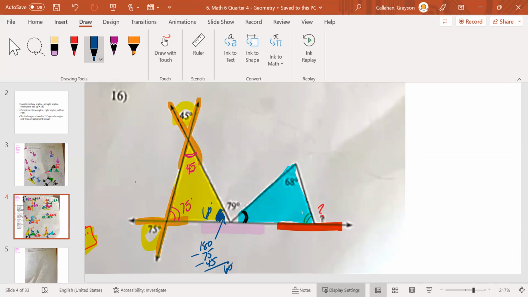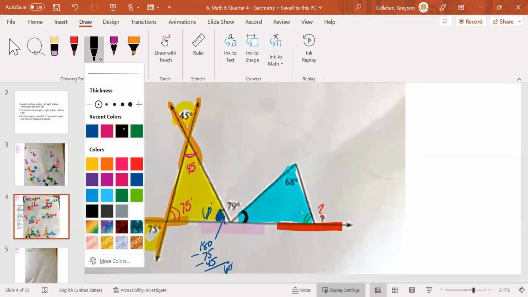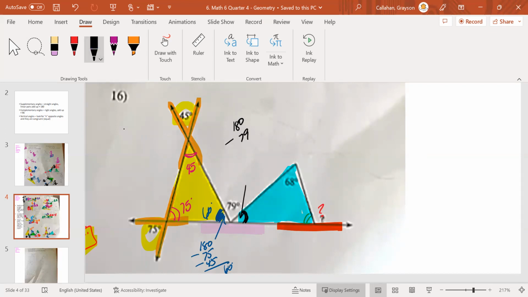If this angle is 60, can I find that black angle if it makes a straight line? So I take 180 and I subtract what? And there you go. So 180 minus 79 minus 60 is going to give me 41 degrees. That's 41 degrees, right?